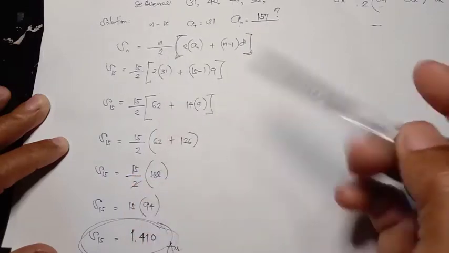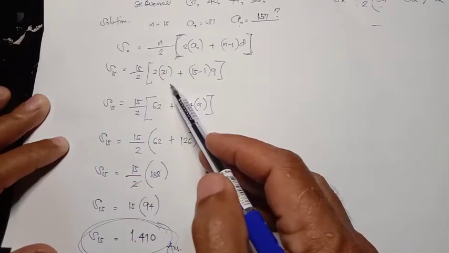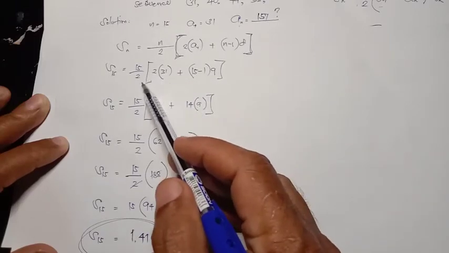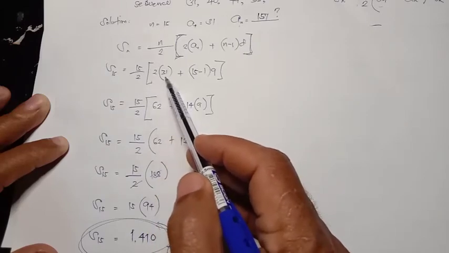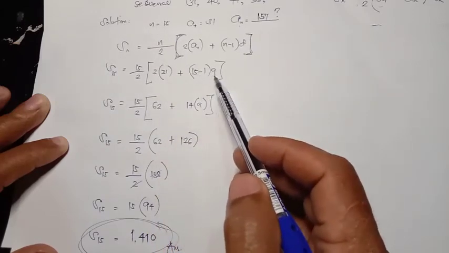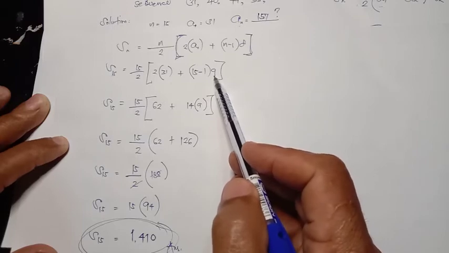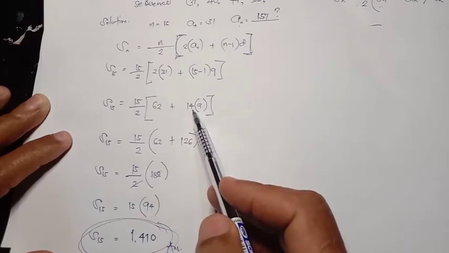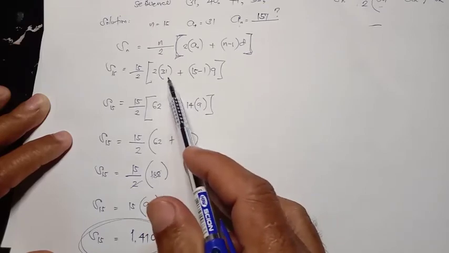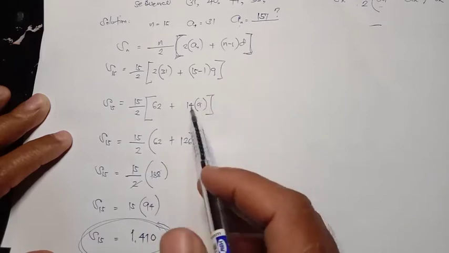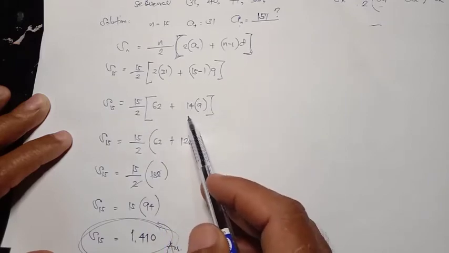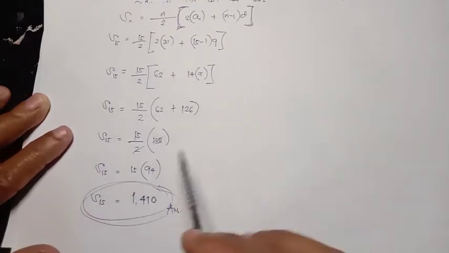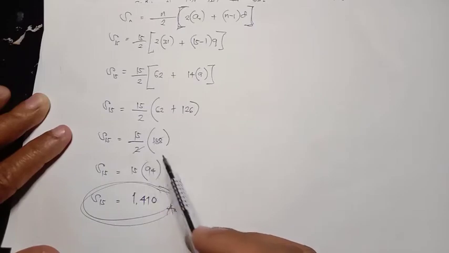Ang kailangan natin is the n, the first term, then the common difference. So, 15 over 2. 2 times the first term. N is 15 minus 1 times the common difference, 9. Common difference is 9. Then, 15 minus 1 is equals to 14. 2 times 31 is equals to 62. 14 times 9 is equals to 126 plus 62 is 188. 188 divided by 2 is equals to 94.